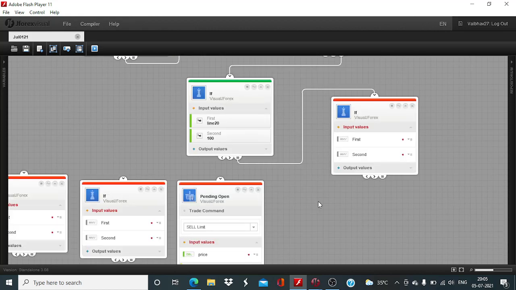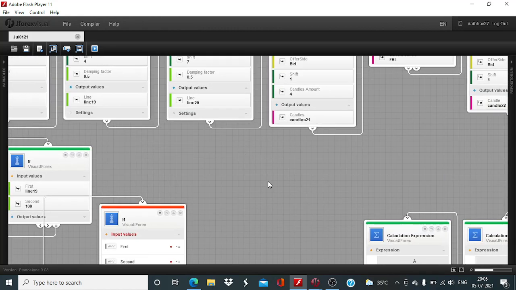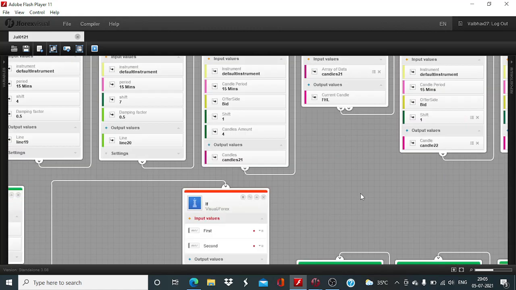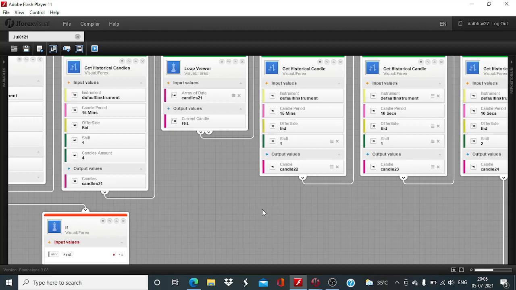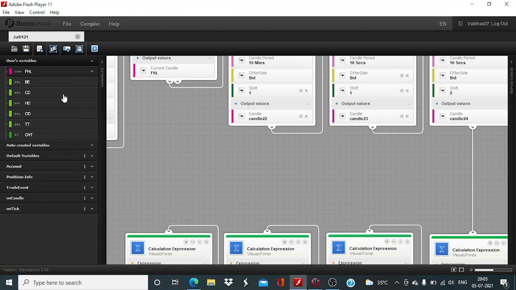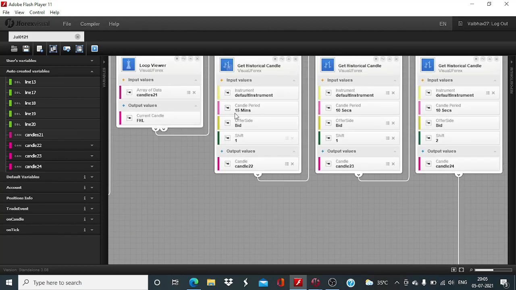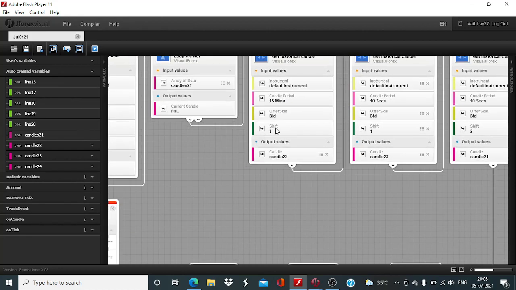We also want that last 15-minute candle should have closed lower. So we have to consider the price action of candle 22, and its closing will need to be lower than its opening. So we take candle 22nd, auto created variable. As you can see, candle period is 15 with the look back period of 1.